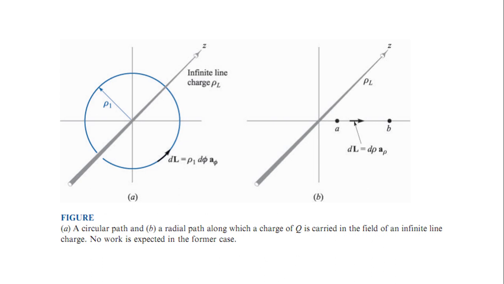So I have selected a circular path and a radial path. We have a line charge that is placed over the z-axis, and I have selected a circular path in figure A and a radial path in figure B. So a circular path and a radial path along which a charge of q coulombs is carried in the field of an infinite line charge.